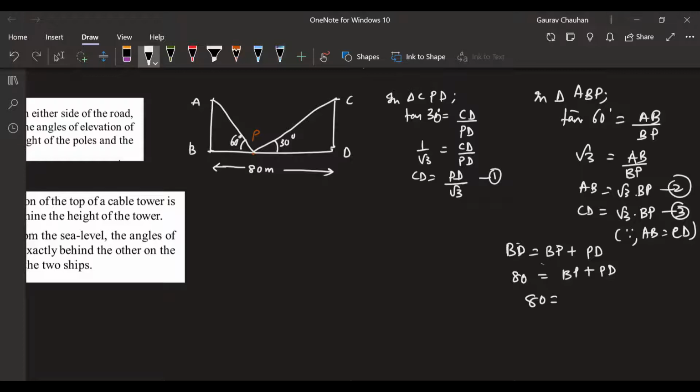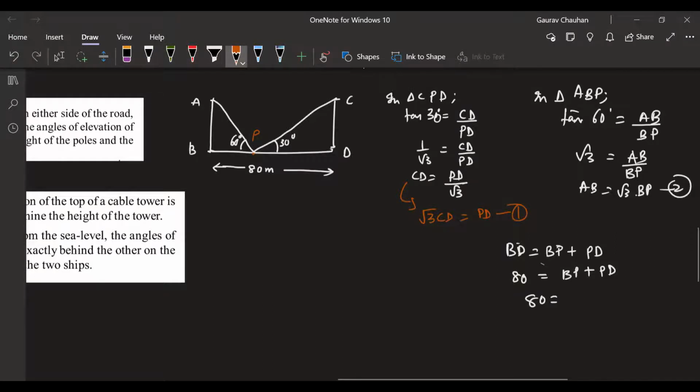Basically, you're changing it in terms of CD or AB. Instead of this, you should write this as root 3 CD is equal to PD. Take this as equation number 1. Here also, write AB by root 3 is equal to BP.